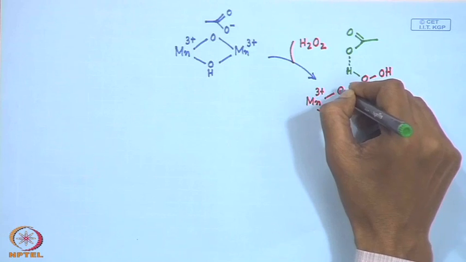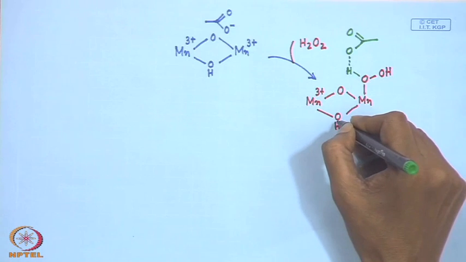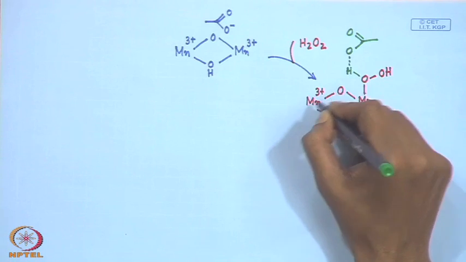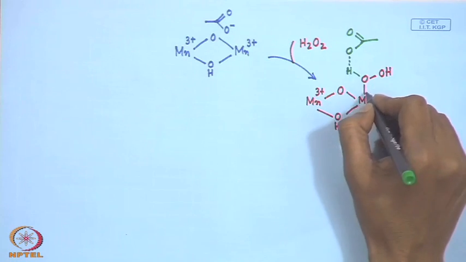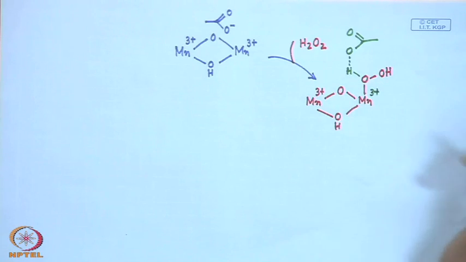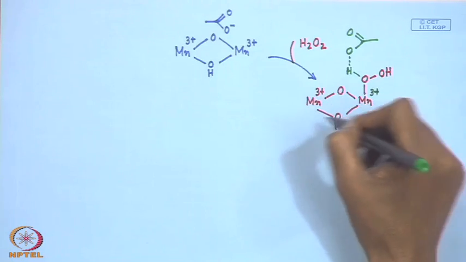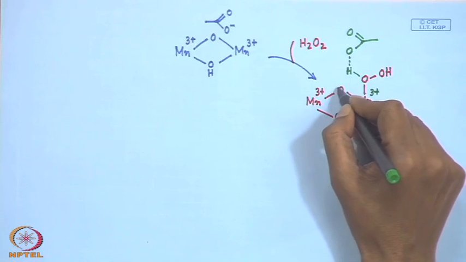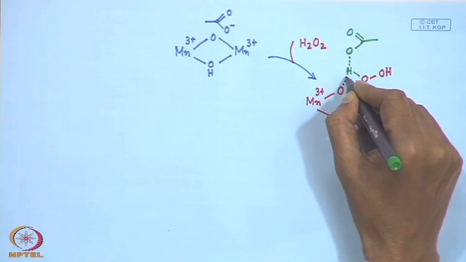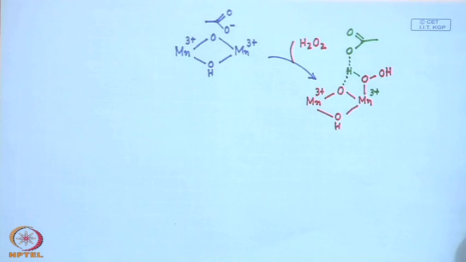Also, you can have these two groups, one is OH and another is O2 minus. So, this O when bound to your manganese site, and these two manganese, this is also +3 compared to your +2 oxidation state. So, this oxygen is again nucleophilic in nature. So, this will also show some interaction with this hydrogen.